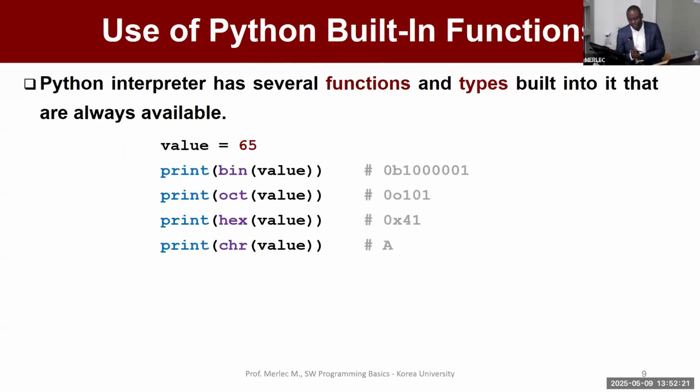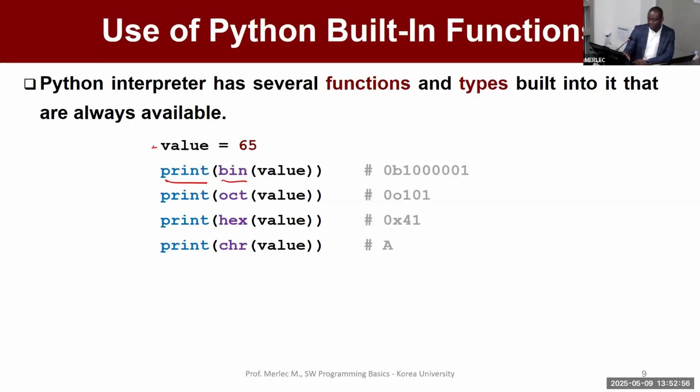Just to give you a sense of what I've mentioned, how can we use these functions I've mentioned earlier? Let's take functions that print the output, which we have seen, like print, and then we have other functions that help us to convert a given integer value into a different representation, like binary, octal, or hexadecimal representation.